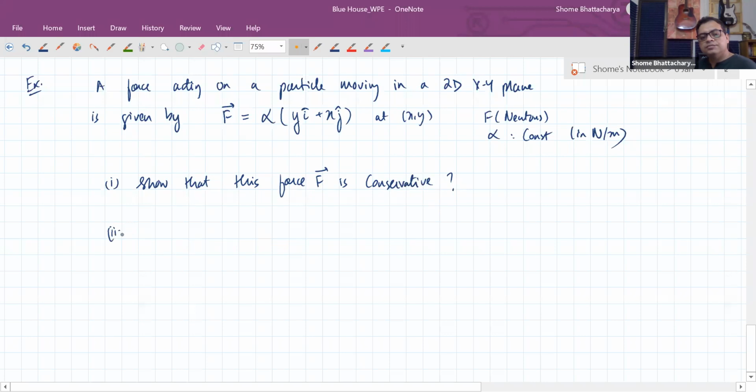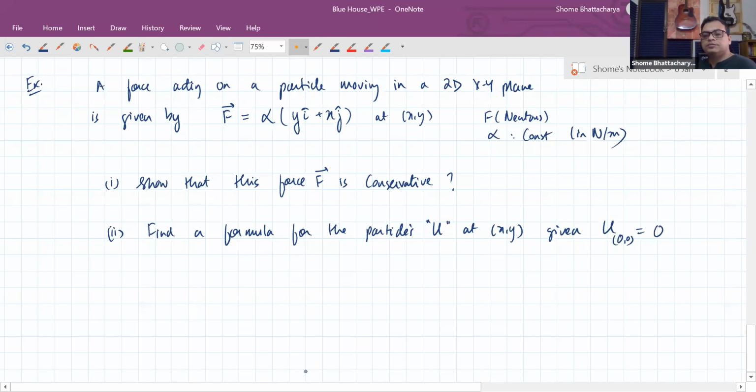And secondly, find a formula for the particle's potential energy at a general point xy, given that potential energy at 0, 0, that is at the origin, is 0 joules. Okay, so if we are given this expression, how we'll find the potential energy relationship?